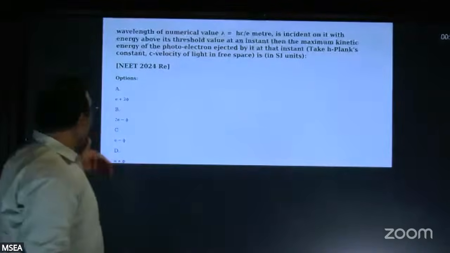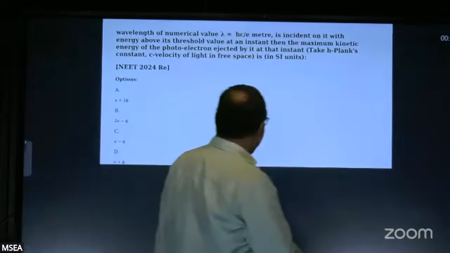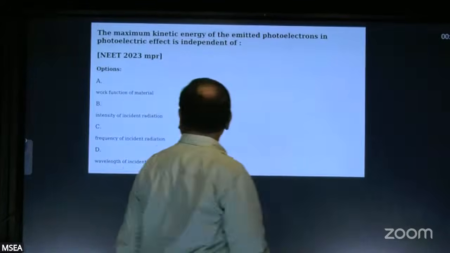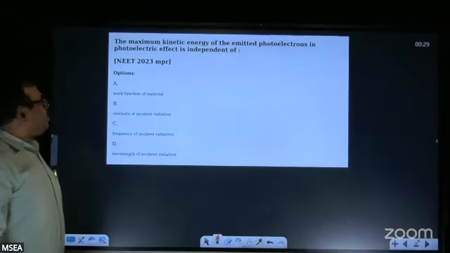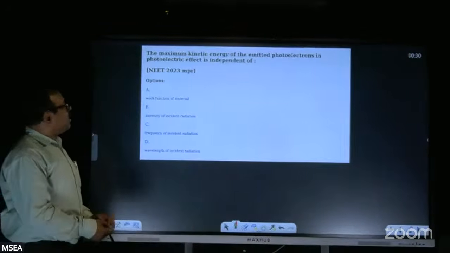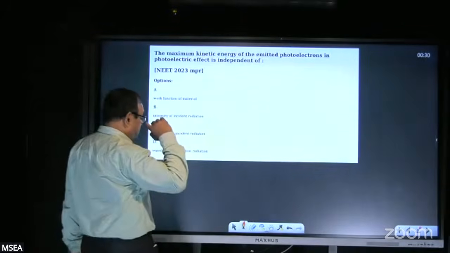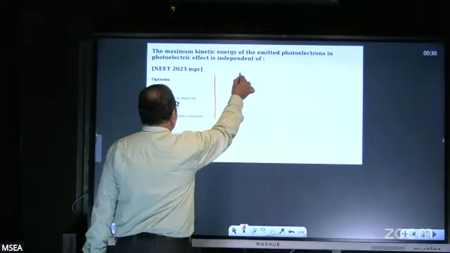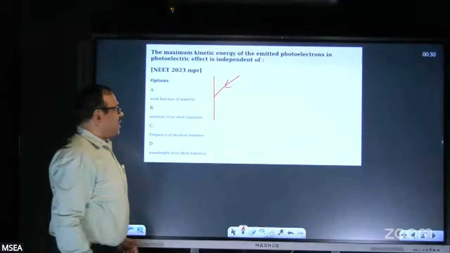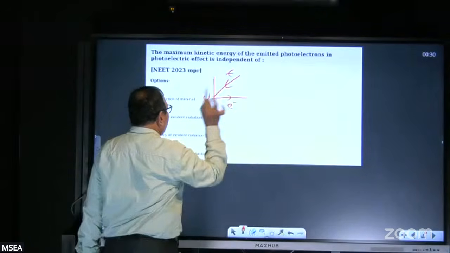Now we go to the next one. Even this is the same thing, it is given. Next one, let us take: the maximum kinetic energy of the emitted photoelectron in the photoelectric effect is independent of what? Now look here. One important thing to remember: this is the energy falling on the surface, this is the work function, and photoelectrons come out.